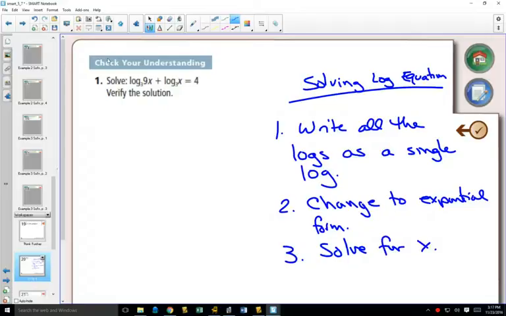Unlike the exponential equations that we've done, where you plug it into your calculator and check to find out that it works, usually log equations are non-calculator, and after you solve them, the last thing you have to do is check for extraneous roots.